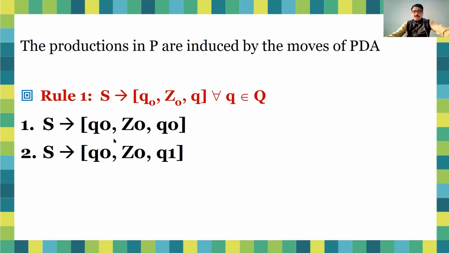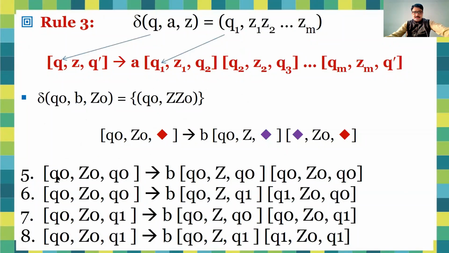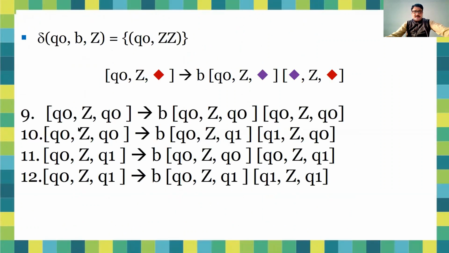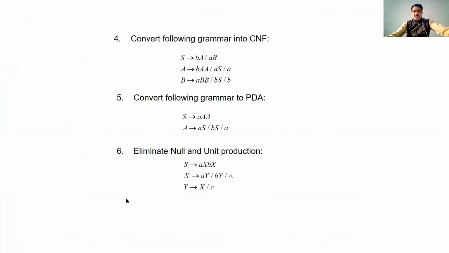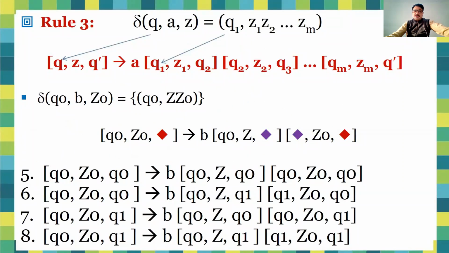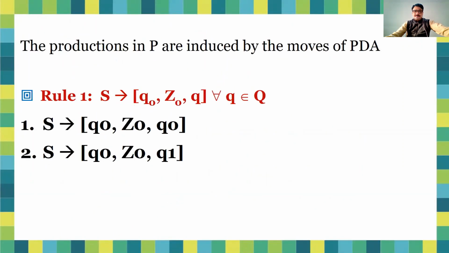Because this is the only combination, and after that you are not finding any other production of the form Q0 Z0. So the total productions in the form of Q0 Z0 are [Q0 Z0 Q0] and [Q0 Z0 Q1]. So we have to write these in place of the start symbol.